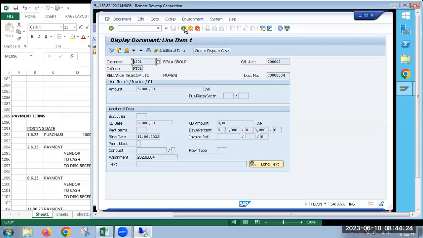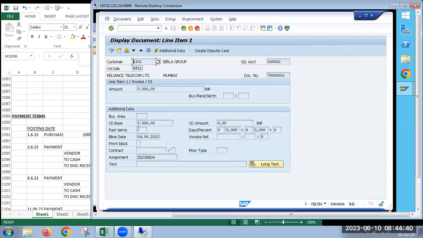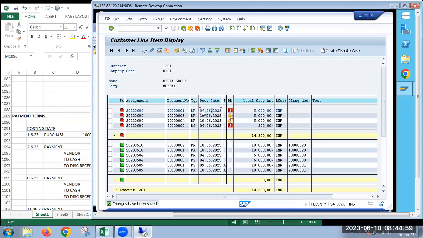Coming back to the earlier one, the 4th transaction is overdue because this amount was due on the 4th. Think about it, if we specify a 30-day due date, or let's go for 10 days, then what should the due date symbol be for this transaction now?